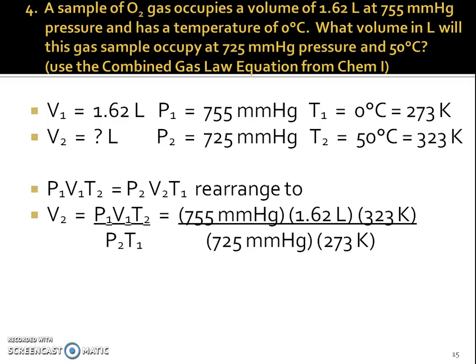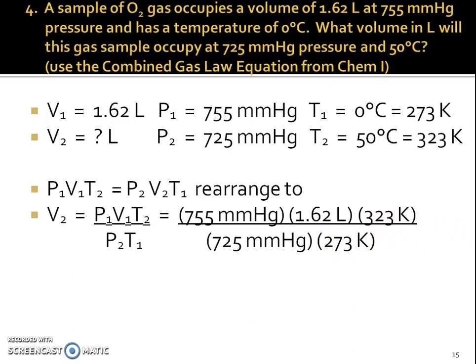And now this one, again, I'm going to remind you, if you're plugging and chugging right into the calculator, that's fine, but be careful with this bottom. 725 times 273. So do the top, 755 times 1.62 times 323 equals, divide, parentheses, 725 times 273, parentheses, equals.